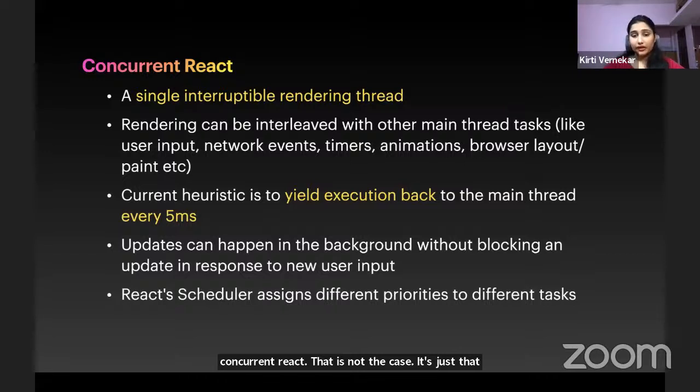Now remember that rendering and updating the DOM are two different things. Rendering is, as we discussed, the computational phase wherein React is reconciling and finding what changes are to be made in the next UI update, and that is what is interruptible. It is not interruptible when React is committing all the changes, that is, the updated virtual DOM or the updated fiber tree.